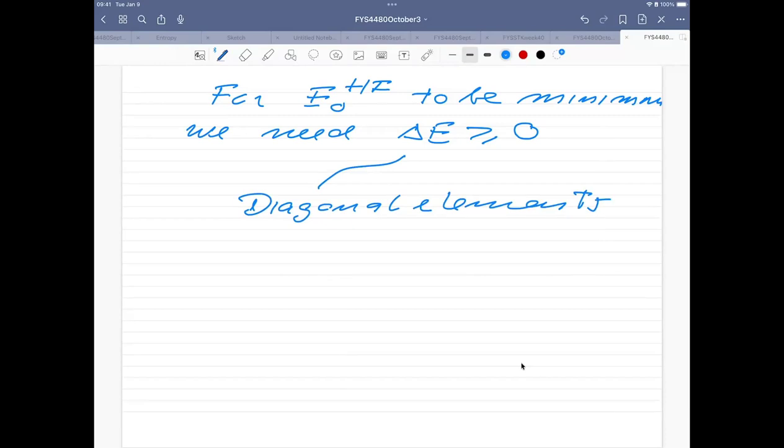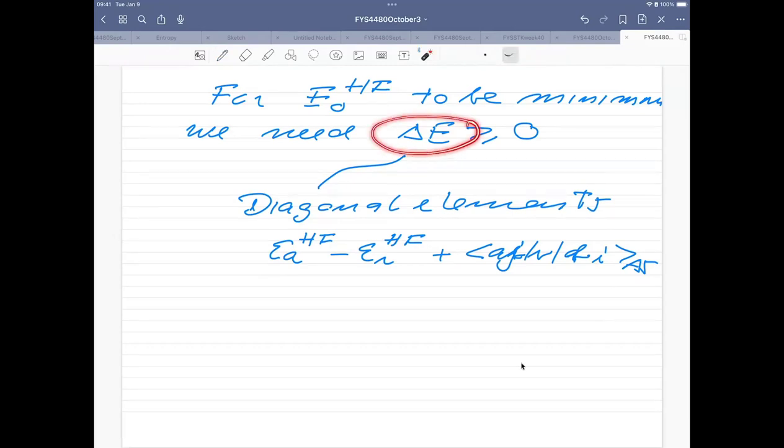The diagonal elements will be proportional to EA Hartree-Fock minus EI Hartree-Fock plus some AJ V BI anti-symmetrized. So the diagonal elements of that matrix have to be larger or equal to 0. That is a necessary but not sufficient condition for the matrix to be semi-positive definite. But this is something we will finalize next week.